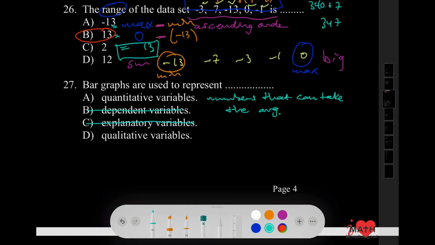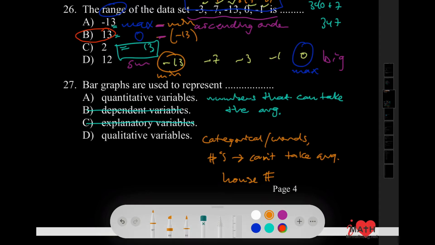And qualitative, like qualities, what kind of qualities would you want in a significant other? These are categorical, or they are words, or if they are numbers, you can't take an average, right? Like your house number is a good example. The classroom room numbers, it wouldn't make sense to take the average.